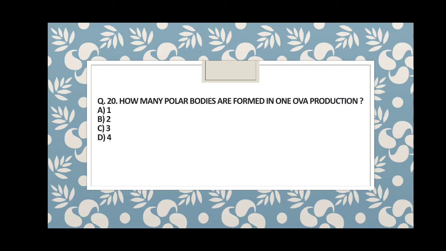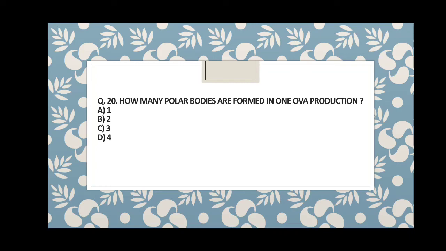Question number 20 is how many polar bodies are formed in one ova production? Suppose one Graafian follicle is produced, then how many polar bodies are formed against that Graafian follicle, or you can say secondary ovum?